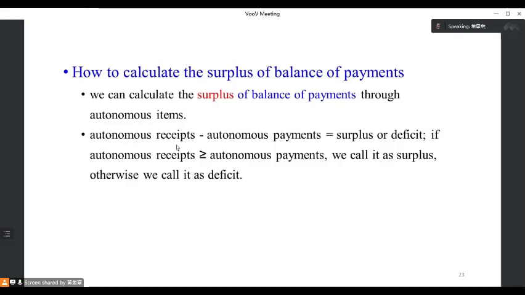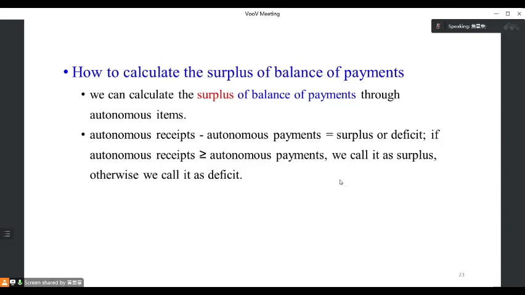Autonomous receipts minus autonomous payments equals surplus or deficit. If autonomous receipts are more than autonomous payments, we call it a surplus. Otherwise, we call it a deficit.